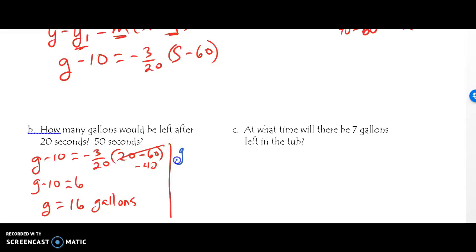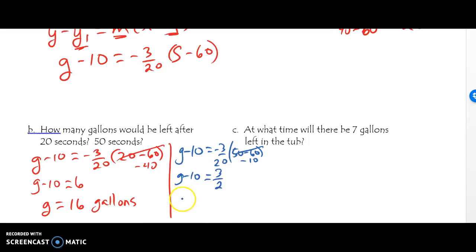So G minus 10 will equal negative 3 over 20 times 50 minus 60. Again, I'm going to solve this for G. That'll give me negative 10. Negative times negative will be a positive. So we'll get G minus 10 equals 30 over 20, which is just 3 halves.